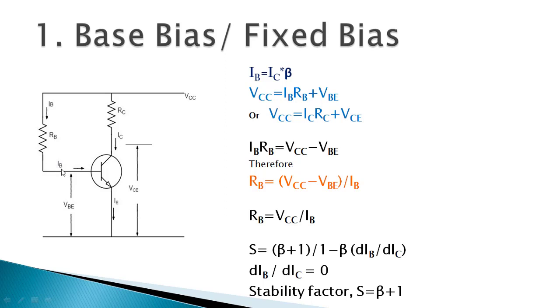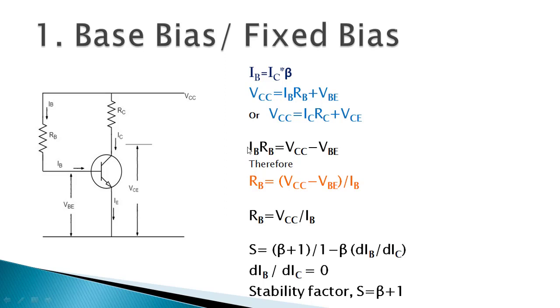Here the signal is not applied, so this IB is called the zero signal base current. Then the zero signal collector current can be obtained from this IB value. This is the circuit diagram for simple base bias, also called the base resistor method or fixed bias.